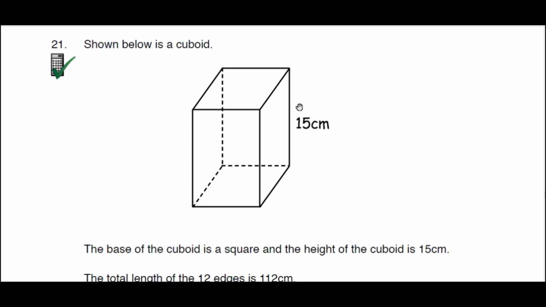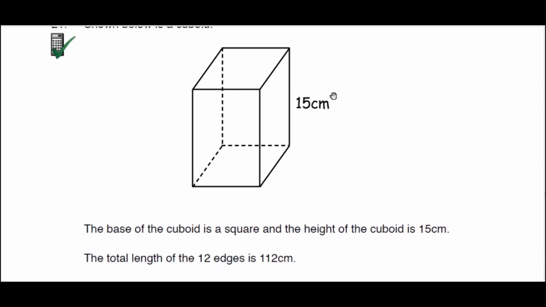Okay guys, now look at this question carefully. It is a bit of a tricky question. There is a cuboid in front of you. Look at what you are given. You are given the height of the cuboid, which is 15 centimeters. So if the height of the cuboid is 15 centimeters, every height will be 15 centimeters. The same thing I am doing over here.